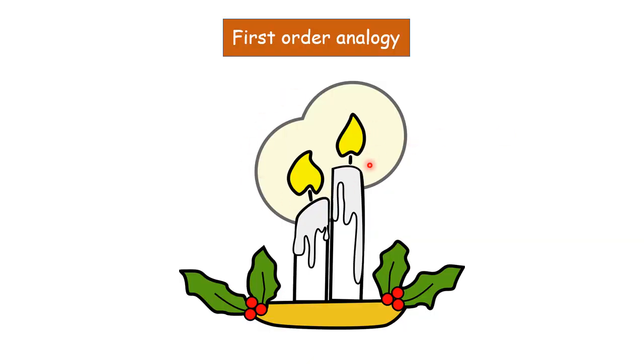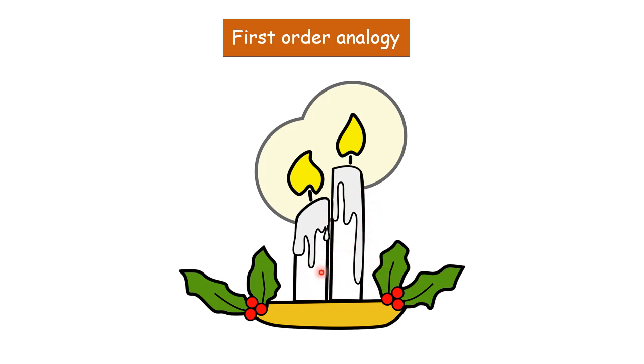We can see here a first order analogy. When a candle is lit, it begins to burn and releases wax at a rate that is proportional to the heat generated by the flame. As the candle burns down, the size of the flame decreases and the rate of wax release also decreases, following first order.